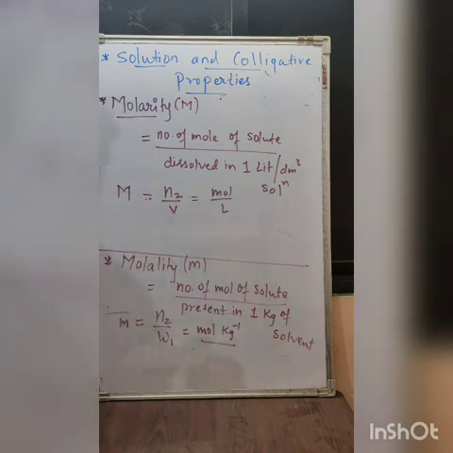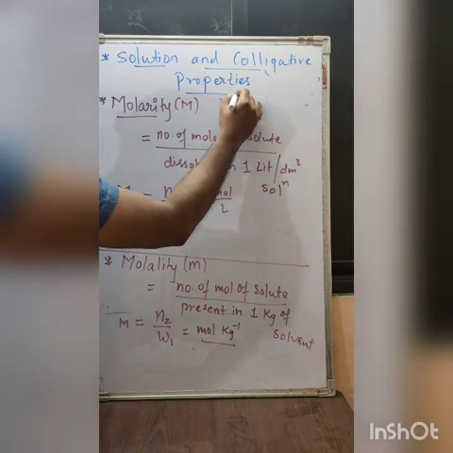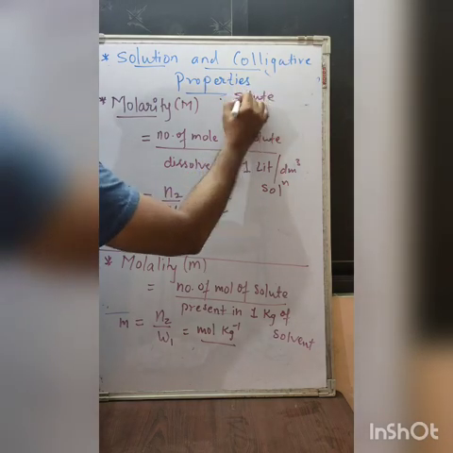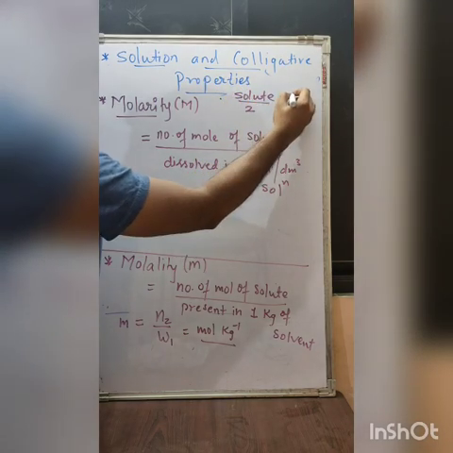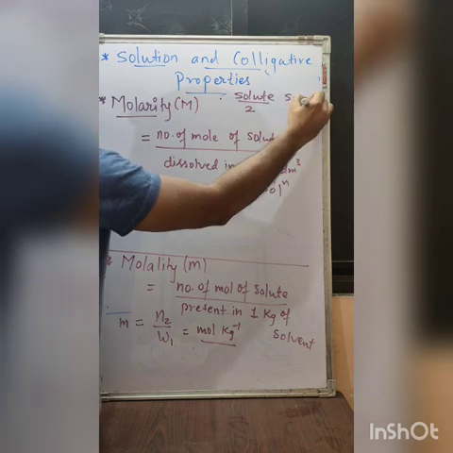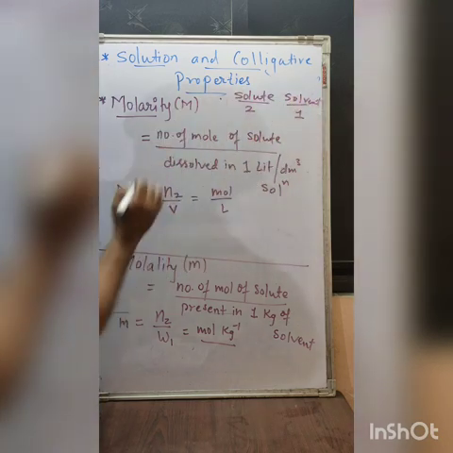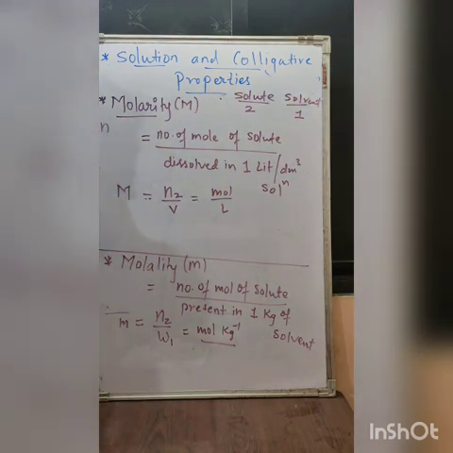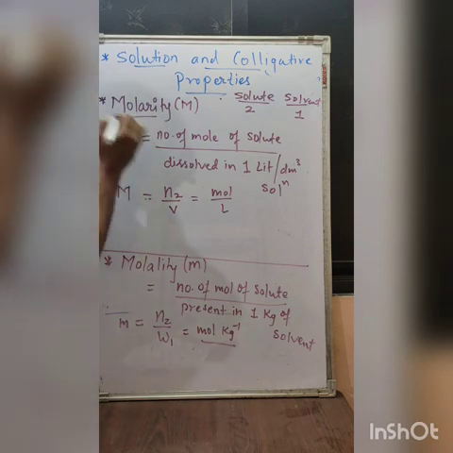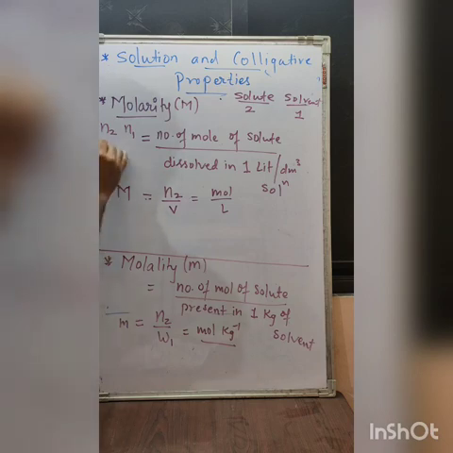Please remember in this chapter, for solute we will take 2 and for solvent we take 1. N is the number of moles. If I say N2, it is the number of moles of solute, N1 is the number of moles of solvent.